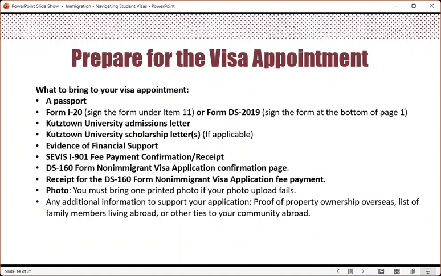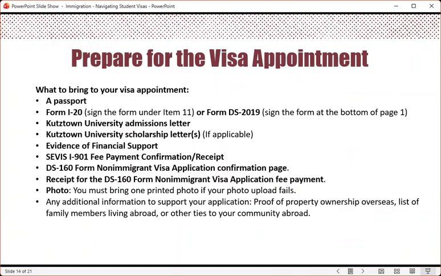Preparing for the visa appointment. There are a lot of documents that you should be bringing to your appointments. The ones that I have on the page here are the required ones, but there are also optional ones that we have seen students bring in the past, such as photos of your family, copies of your course schedule, copies of your first semester bill with proof that you've paid something towards the bill.